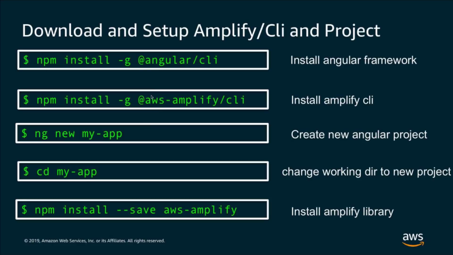So let's switch and get started using Amplify. What we're going to do today, as far as setting up Amplify and AngularJS, is install the Angular CLI command using npm install -g for global. The second thing we are going to do is install the Amplify CLI command.